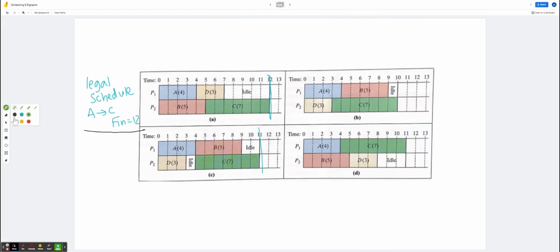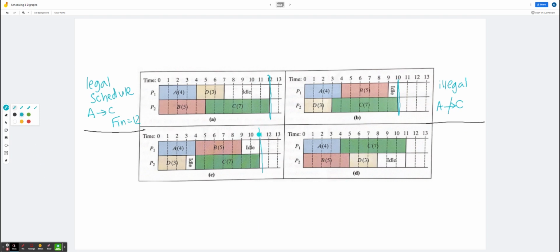Now, moving back here, looking at Schedule B, here the mechanics were able to finish in 10 hours, but this is not a legal schedule because A is not done before C starts. So even though this is a quicker way to schedule these tasks, it's not legal because it breaks the one precedence relation that we have.